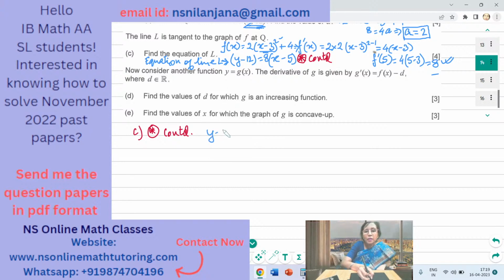It is y minus 12 equal to 8x minus 40. 8 times 5 is 40. So if we add 12 to both the sides, we get y equals 8x minus 40 plus 12.